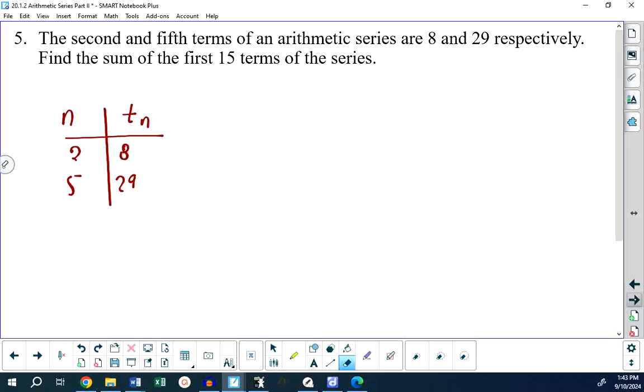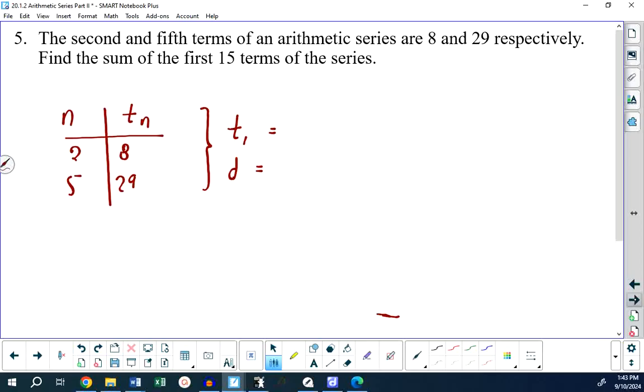When I say the second and the fifth terms, I'm just saying those are the terms. I think we have done this kind of question where what we want to pull out of this is T1 and D. I think we've done this type of question, honestly, 8 times.